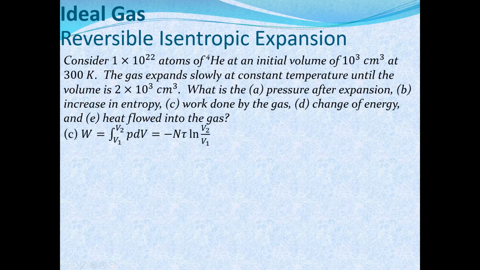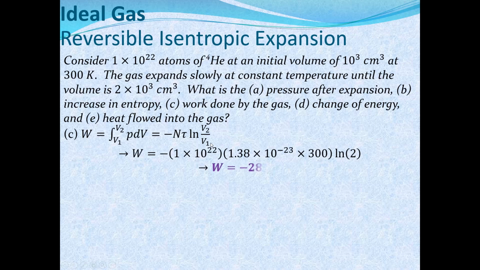Once again, for the work on the test, I'd want you to re-show this, but what we end up having is this equation that we had before. So we could just plug the numbers in, chug out an answer. I get the work is this, negative 28.7 joules. We already know what the change in energy is.